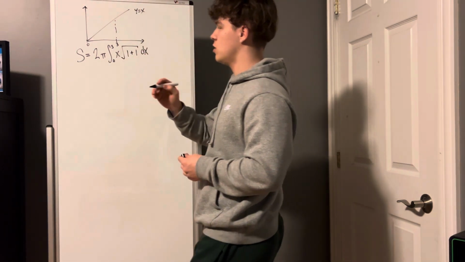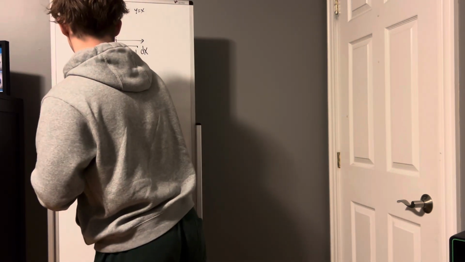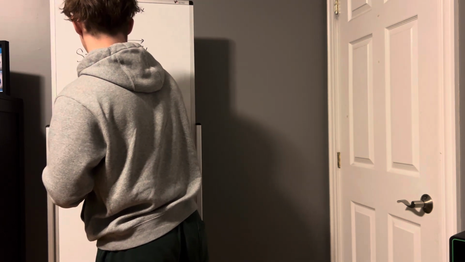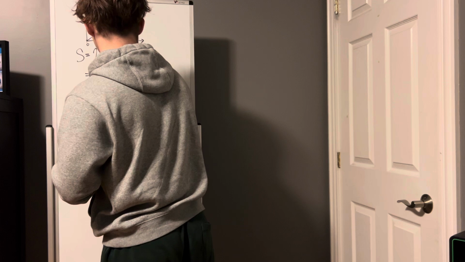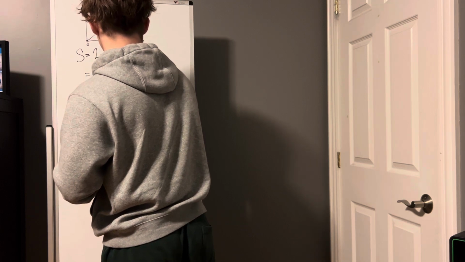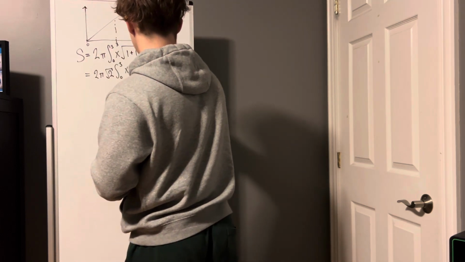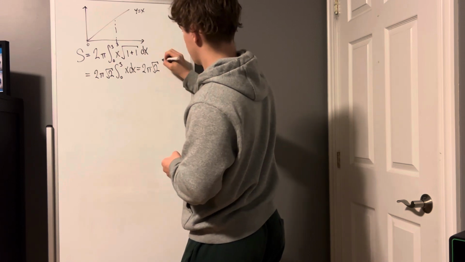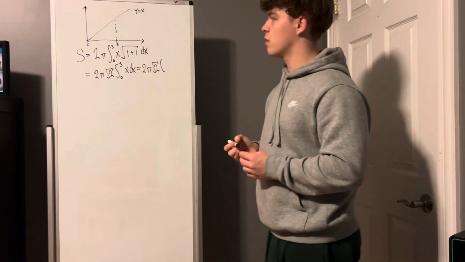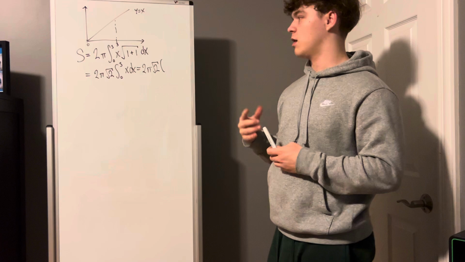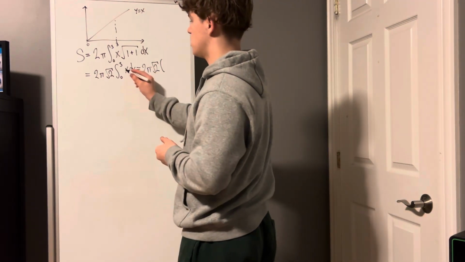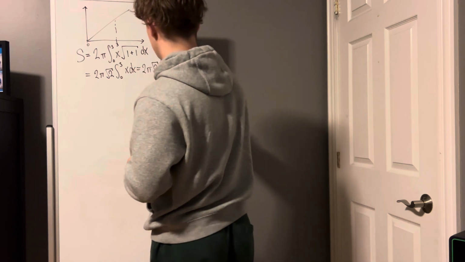So we can take this root 2 out. So this equals 2 pi root 2 integral from 0 to 3 of x dx, which is 2 pi root 2 times x squared over 2 evaluated from 0 to 3, which is just 3 squared over 2.